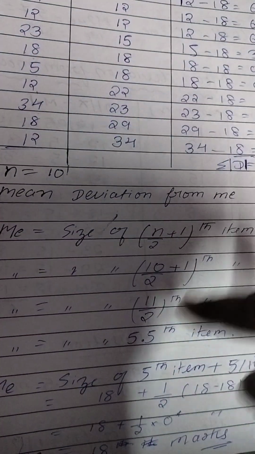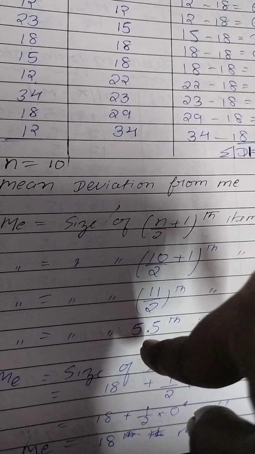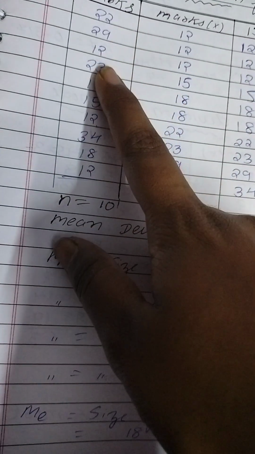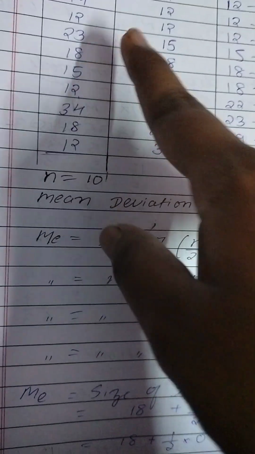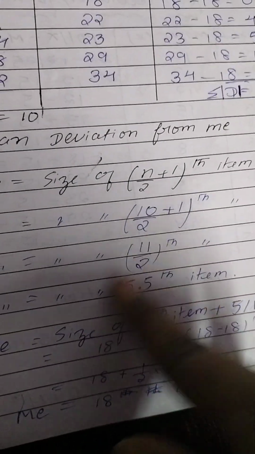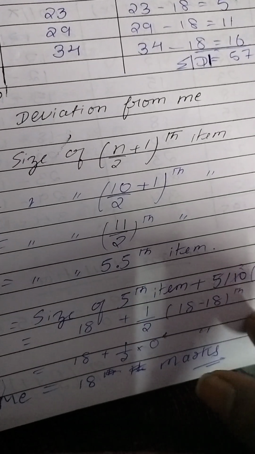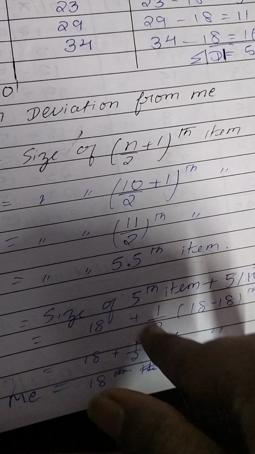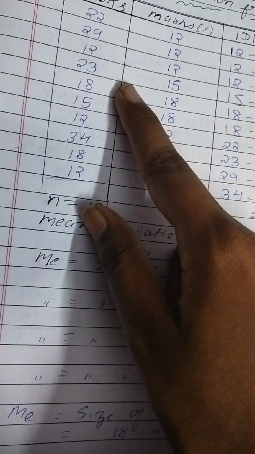That means it is between the 5th and 6th item. So 1, 2, 3, 4, 5. Here this is 18. So the 5th item is considered, and 0.5 is subtracted.